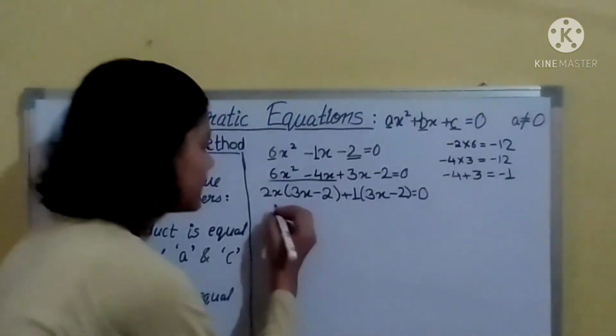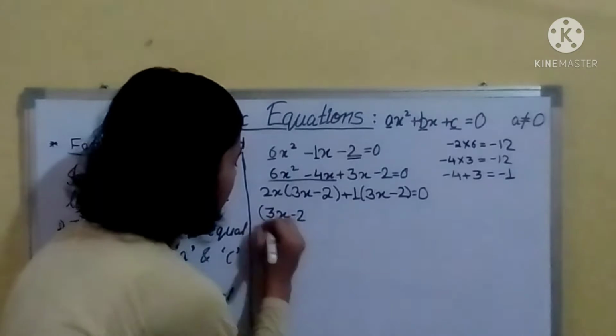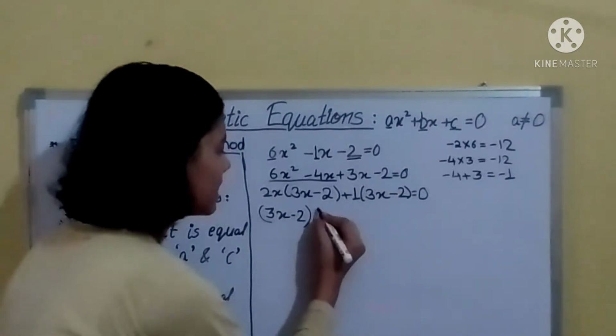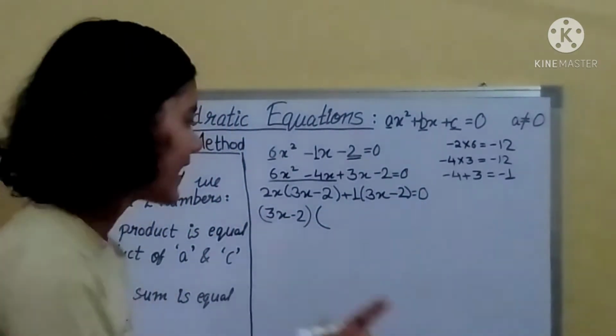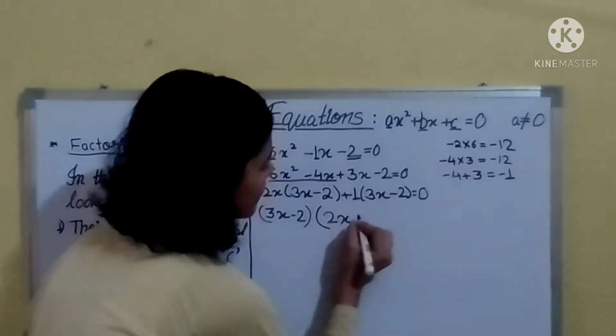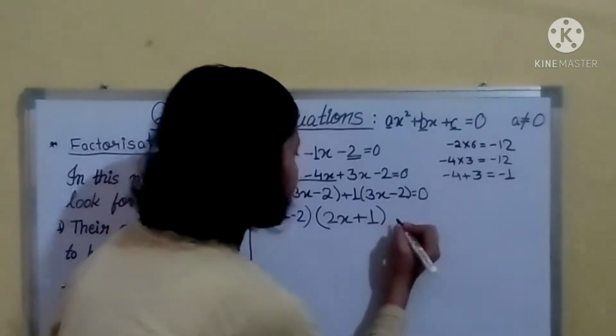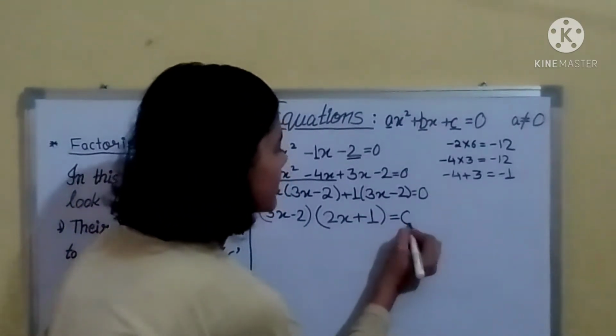Okay, so now 3x minus 2, because this is common in both, and the next term which we will get is 2x plus 1. Next expression which we got is 2x plus 1 is equal to 0.